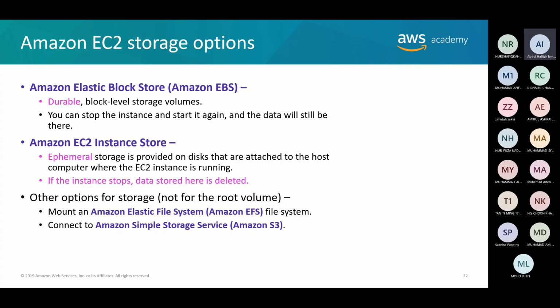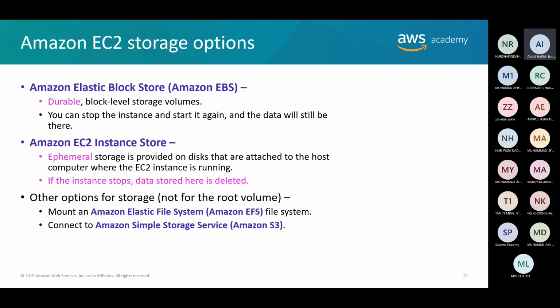So this NFS file system is for use with AWS cloud services and on-premises resources. It is built to scale on demand to petabytes without disrupting applications. It grows and shrinks automatically as you add and remove files, which reduces the need to provision and manage capacity to accommodate growth.